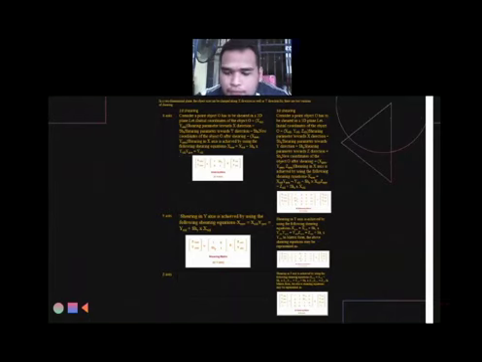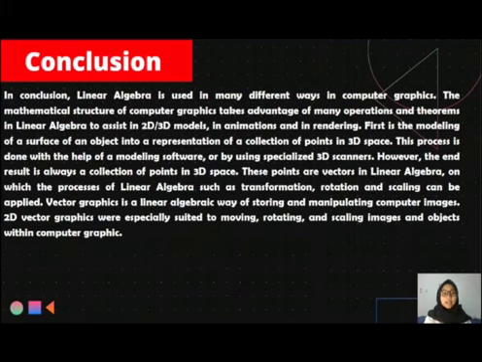Thank you. In conclusion, linear algebra is used in many different ways in computer graphics. The mathematical structure of computer graphics takes advantage of many operations and theorems in linear algebra to assist in 2D or 3D models, in animation and in rendering. First, there is the modeling of the surface of an object into a representation of a collection of points in 3D space. This process is done with the help of modeling software or by using a specialist 3D scanner.